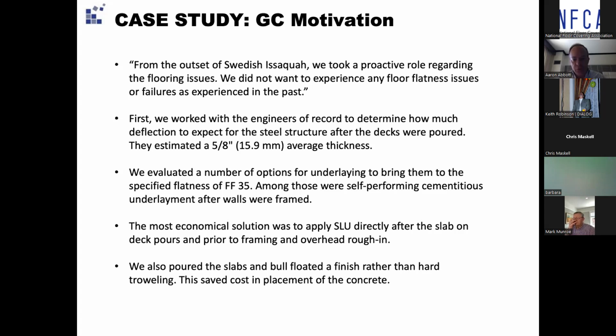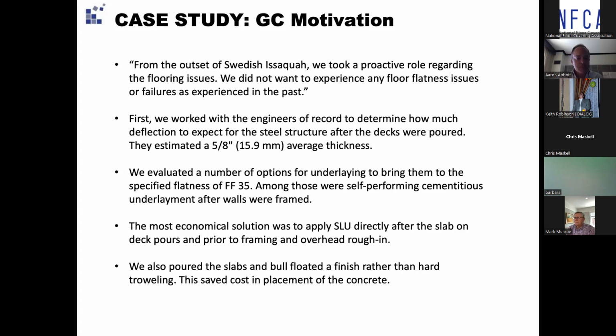They said, first, we work with the engineers to determine approximately how much deflection to expect for the steel structure after the decks were poured. In this case, they estimated almost 16 millimeters of average thickness of self-leveler would be required to fill in the gaps from that deflection.